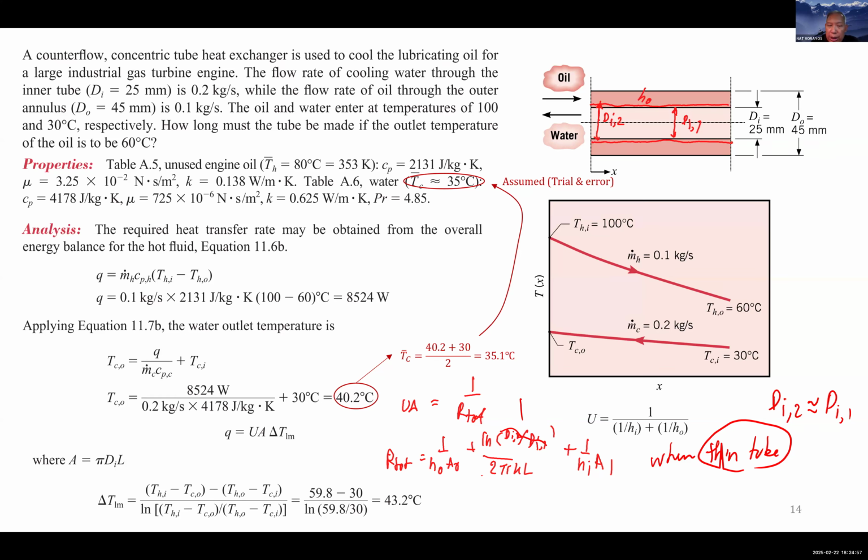As a result, AO and AI must be close to each other and equal to A. So when AO and AI are equal to each other, you're going to have UA equal to 1 over HO multiplied by A plus 1 over HI multiplied by A, and A got canceled.